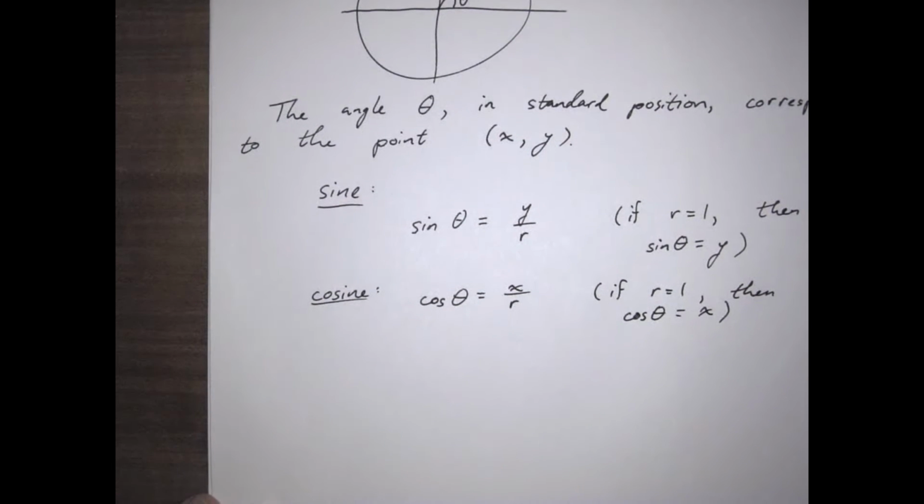Alright, so those are the two main principal trigonometric functions, and then from them we can combine them in different ways or twist them around in different ways to get four more.